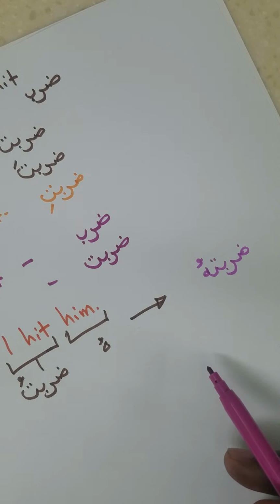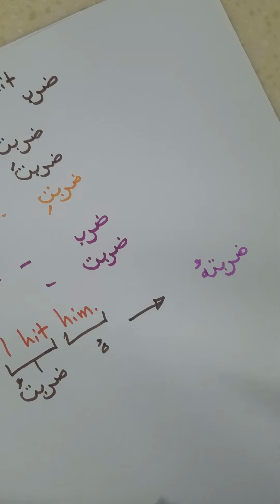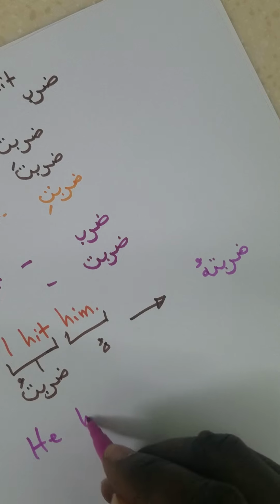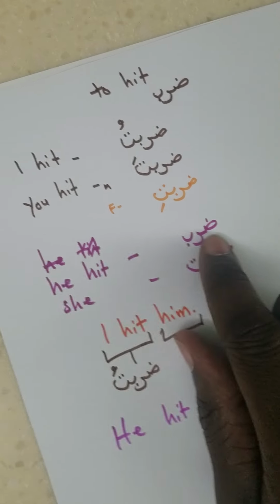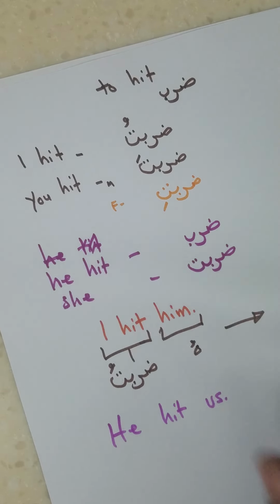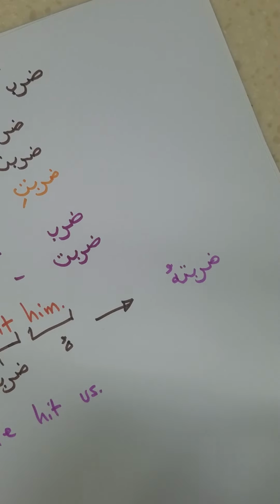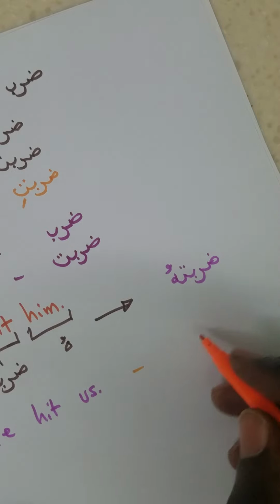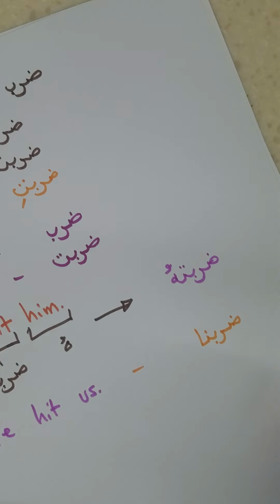You understand? Now, how about if you say he hit us? Of course, you first look for he hit. This is daraba. And as we said, we add na. Darabna. He hit us. Now look at how funny this thing can be.